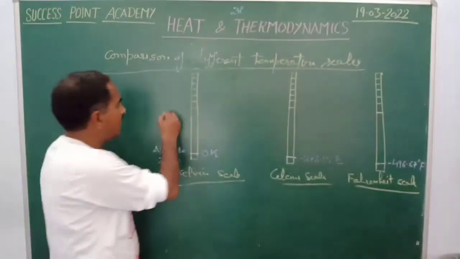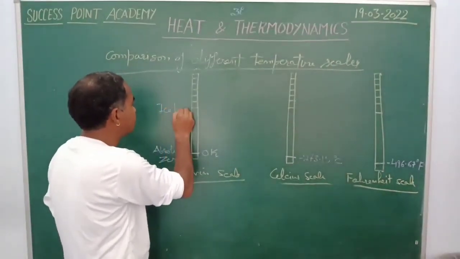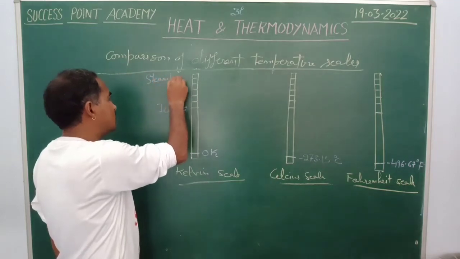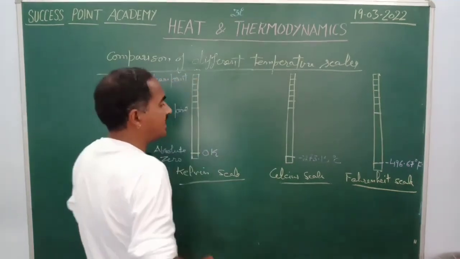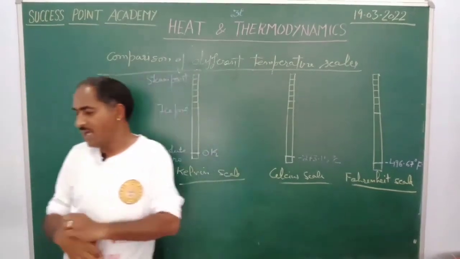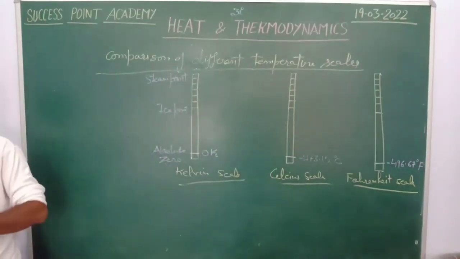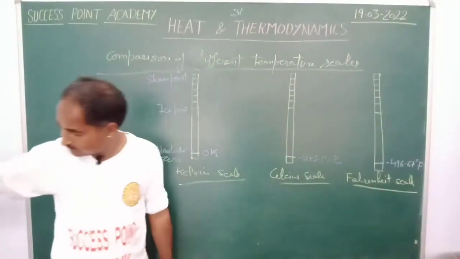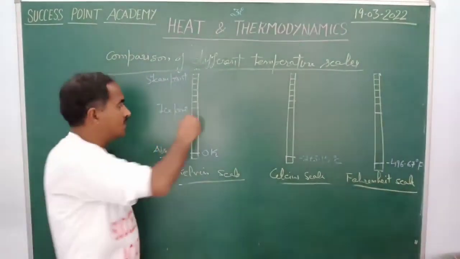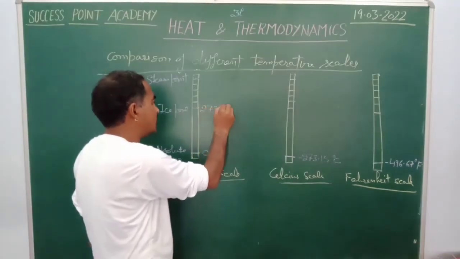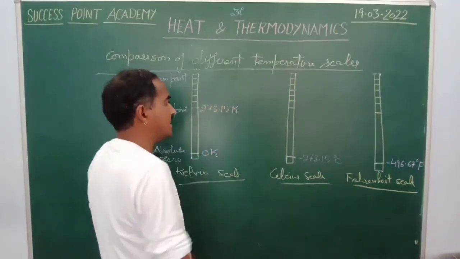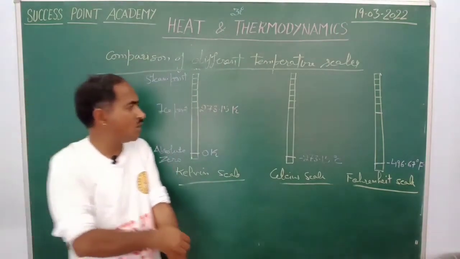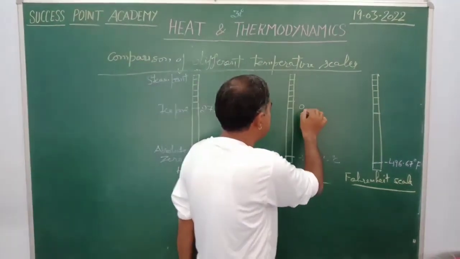On the Kelvin scale, as we have already discussed, the ice point is 273.15 Kelvin. On the Celsius scale, it is 0 degree Celsius.